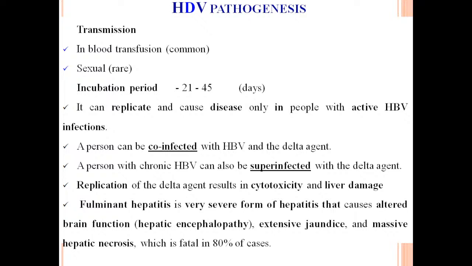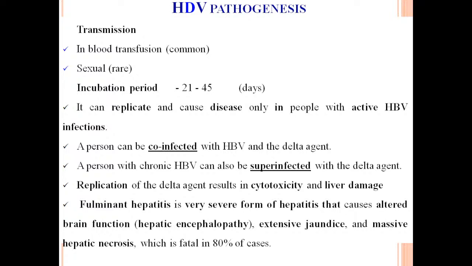Replication of the delta agent results in cytotoxicity and liver damage. For example, we can imagine that a person with hepatitis B is asymptomatic. He or she has chronic infection and is recovering, but if hepatitis D enters the human organism of this patient with mild hepatitis B infection, it causes liver damage and so-called fulminant hepatitis.